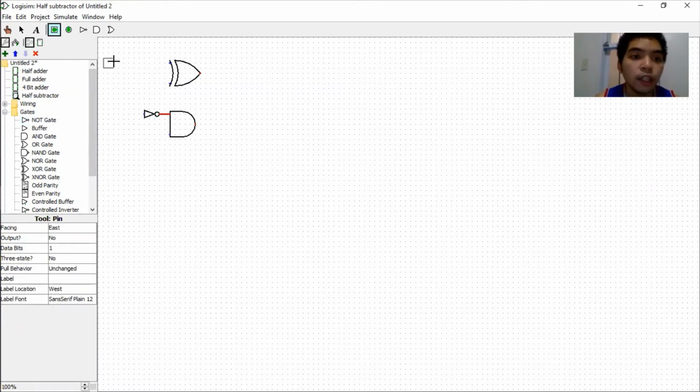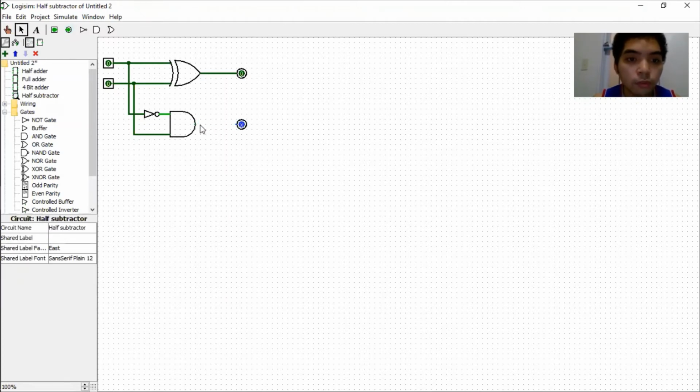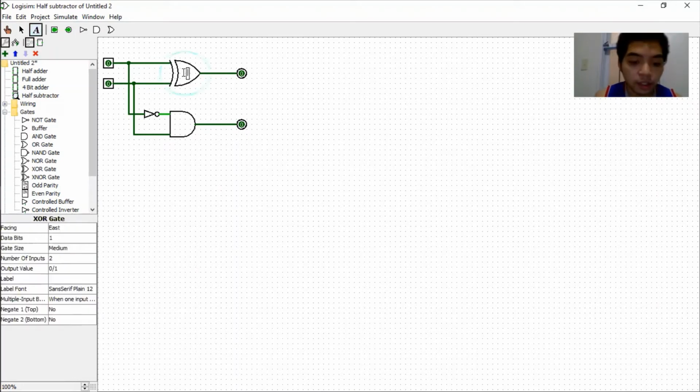So two inputs again, A and B. And for the A, we need to connect it to the NOT gate and then AND it with the other input. So we have this output. We can name this one the difference, and this one the borrow.